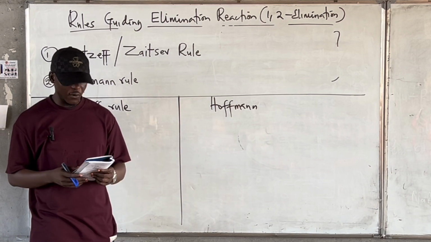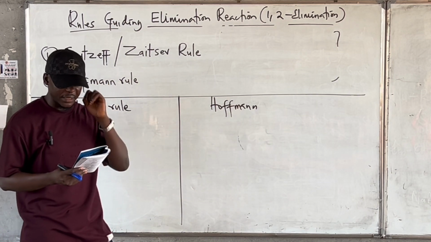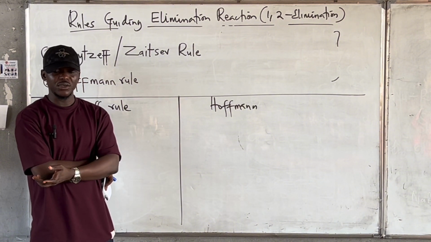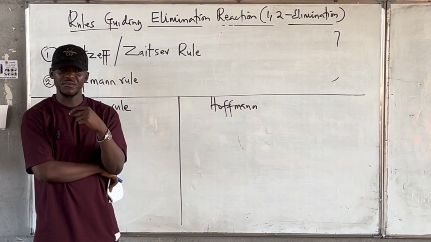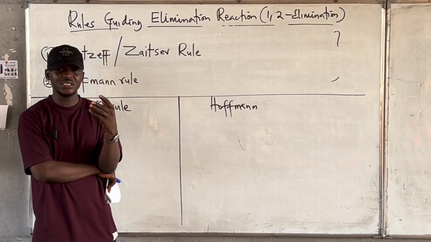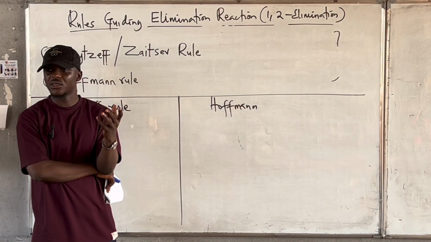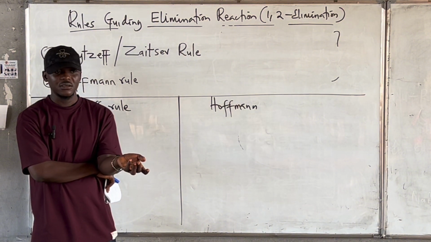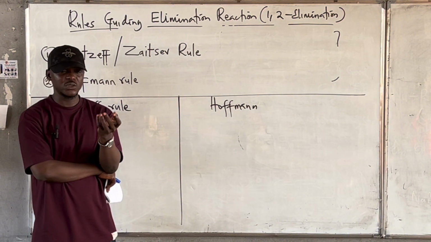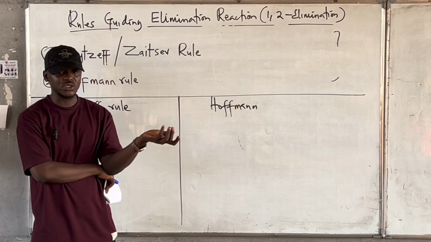Note, for Hofmann, this normally happens when the attacking base is bulky. This is very simple. If you understood the first one, it's just the opposite of the first one. The first one says that during beta elimination, the more stable is the one that has a greater number of alkyl substituents.